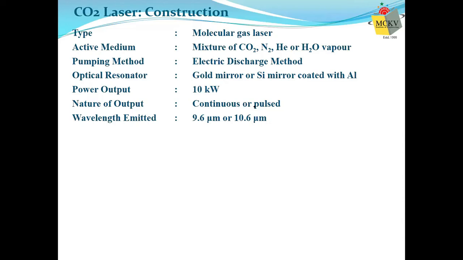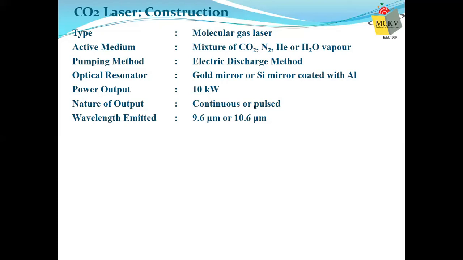And this was invented in Bell Laboratory by an Indian scientist. Indian means he was not born in India, but he has some lineage in India. C.K. Patel, Kumar Patel, invented this CO2 laser in Bell Laboratory before the 1970s, I think.